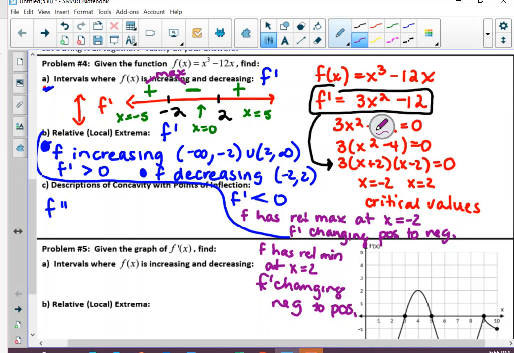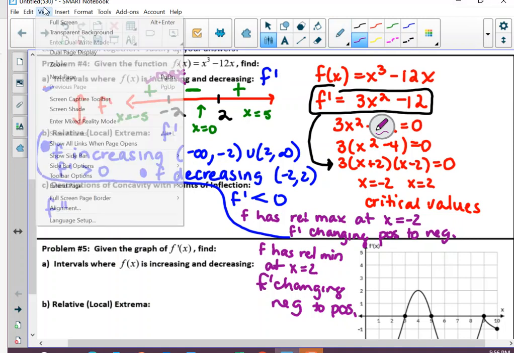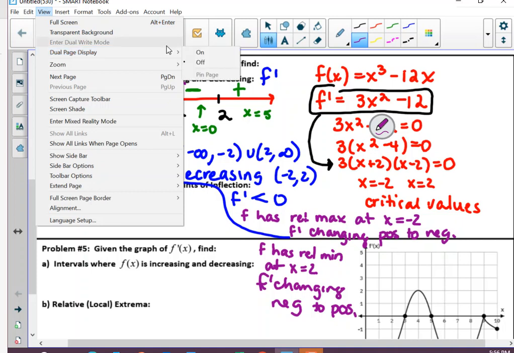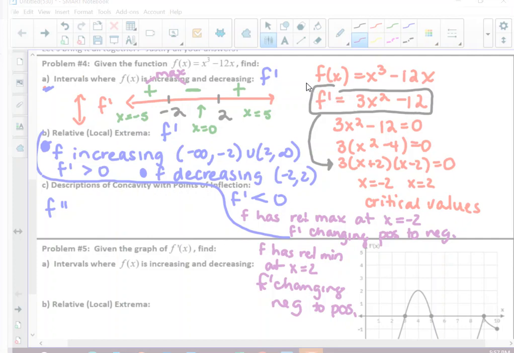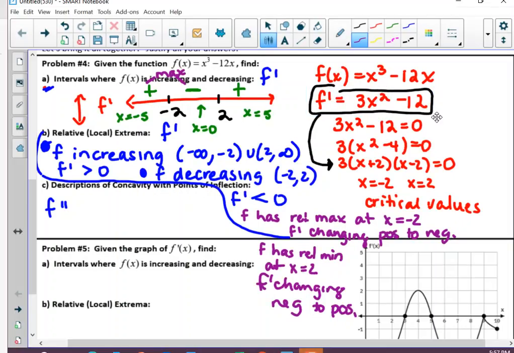In lesson 27, we then went into the f double prime. So let me do this for a second because I never have enough room. Oops, where's my screen capture? Okay. Apparently I say oops as much in video as I do in person.